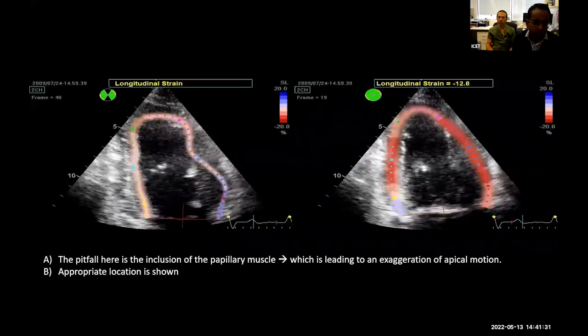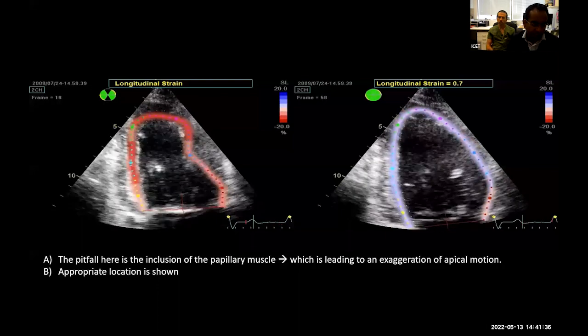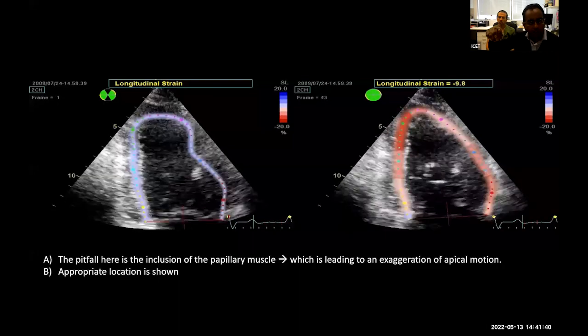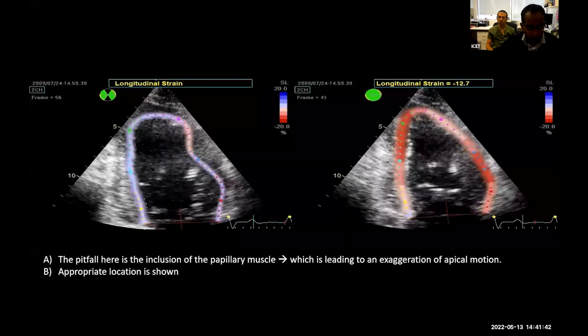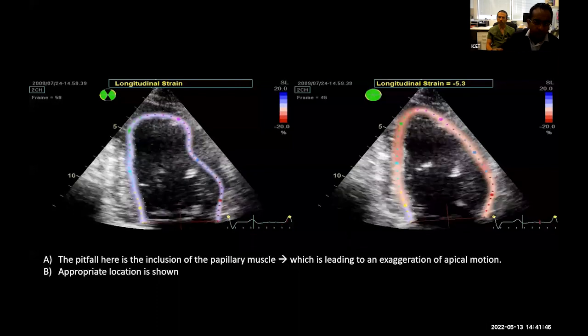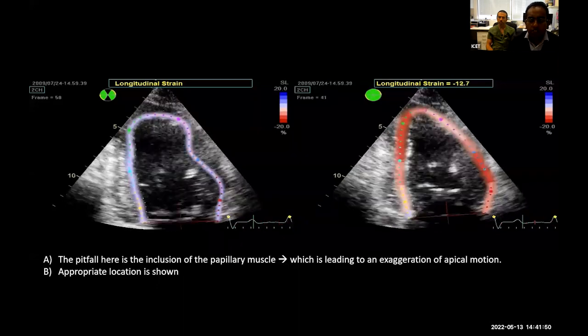Or sometimes it's too thin and you've got a hypertrophied LV cavity, in which case you can adjust and say, actually, I need to include a bit more of this myocardium. If for whatever reason it's not tracking properly, you can adjust the ROI, or region of interest, to change that.